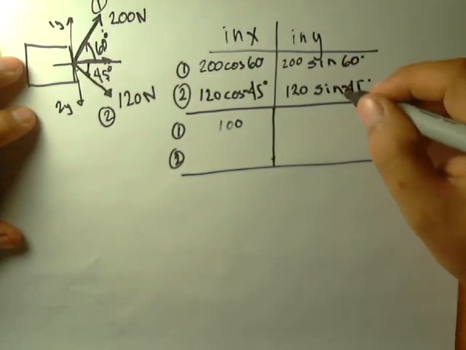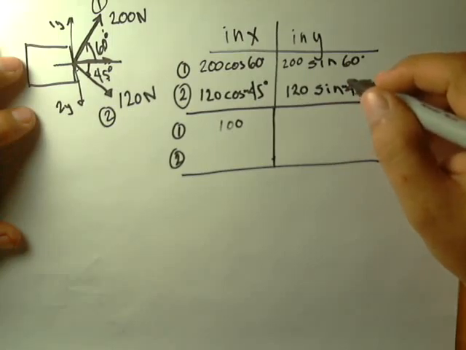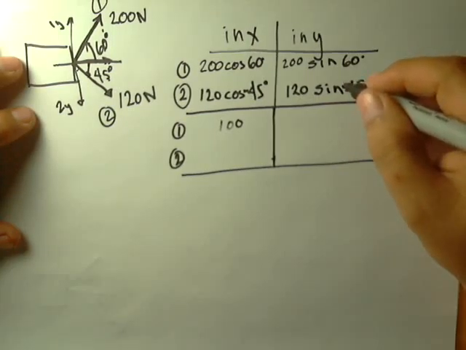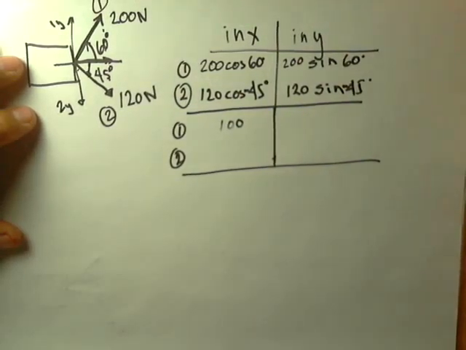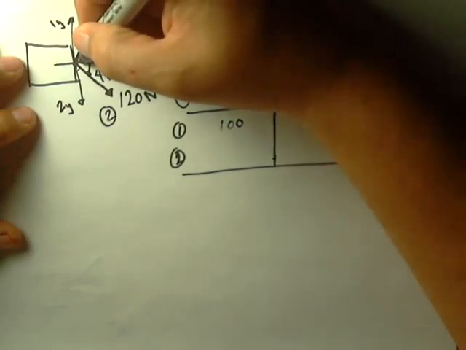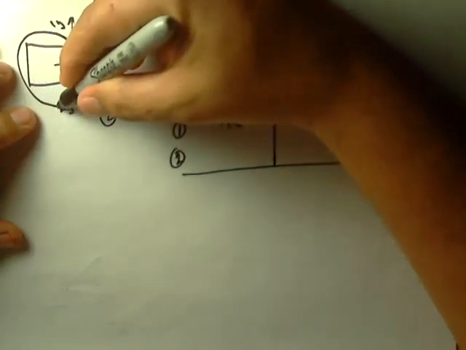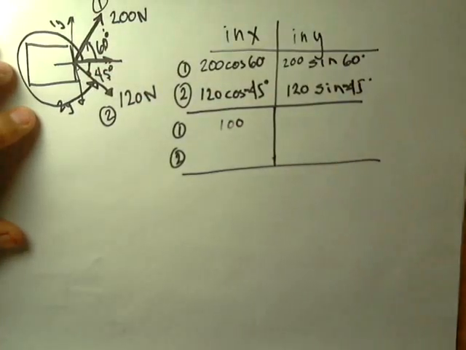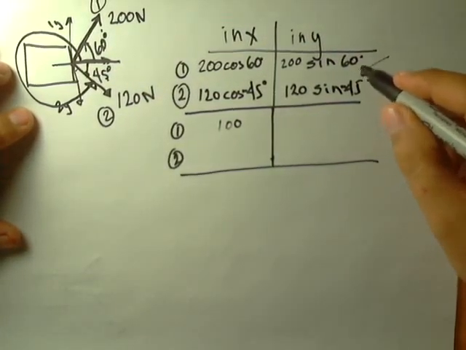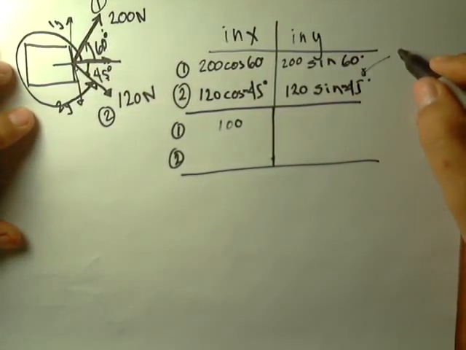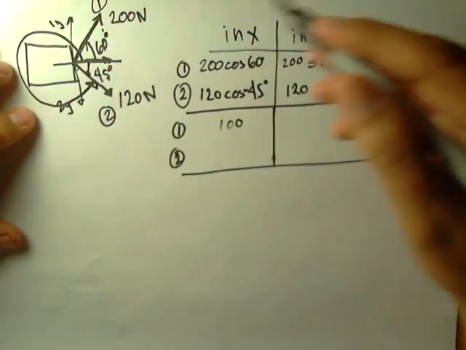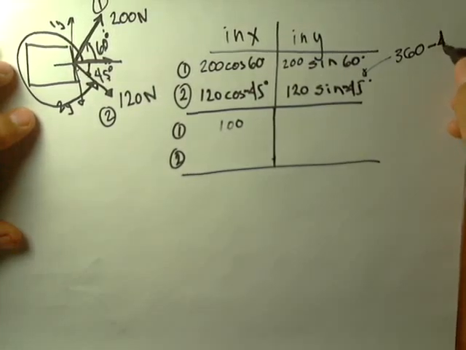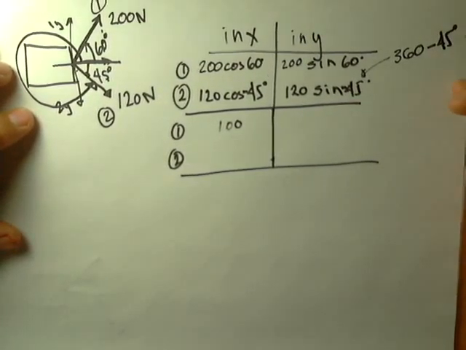If you don't want to deal with these signs, I suggest you use the total angle. Instead of negative 45, you will get the same result as 360, which is the whole turn, minus 45 degrees. And you will get the same.